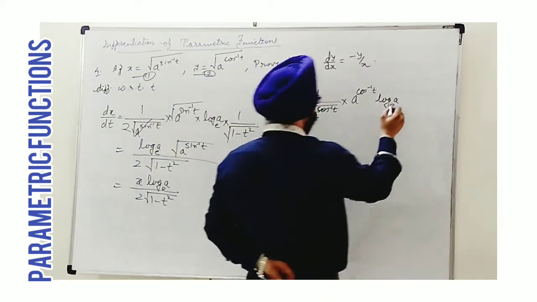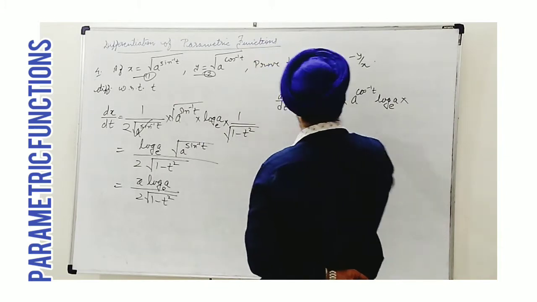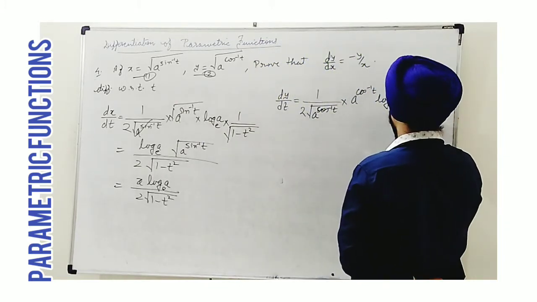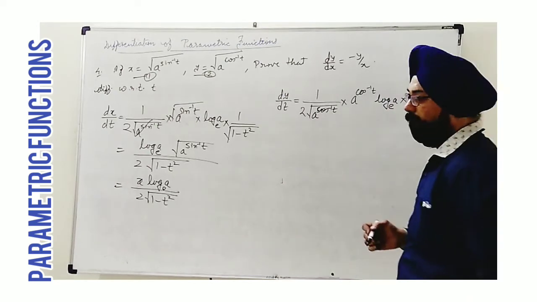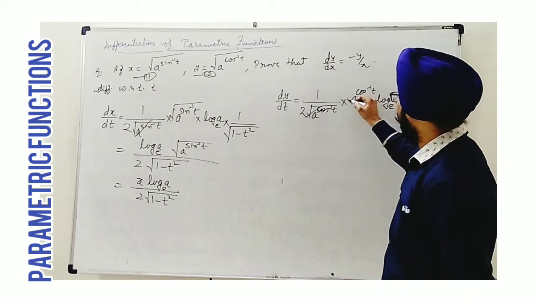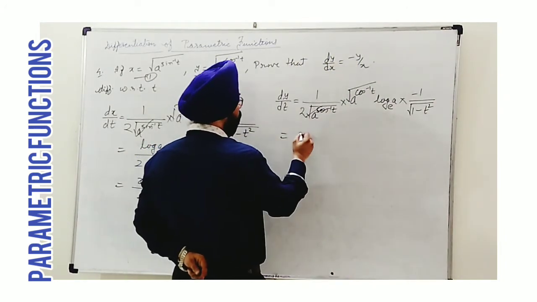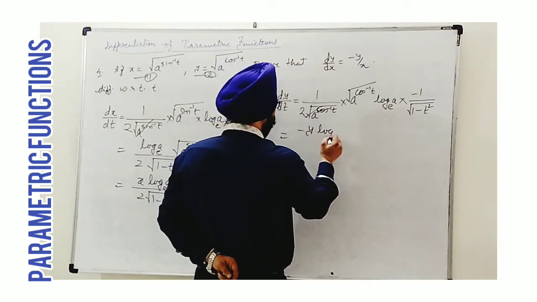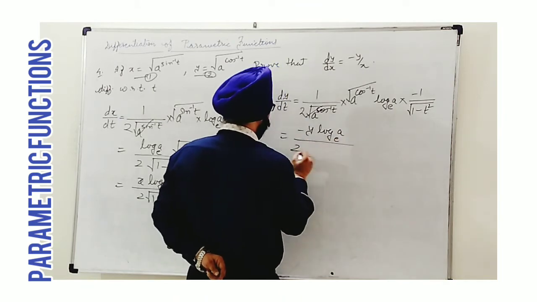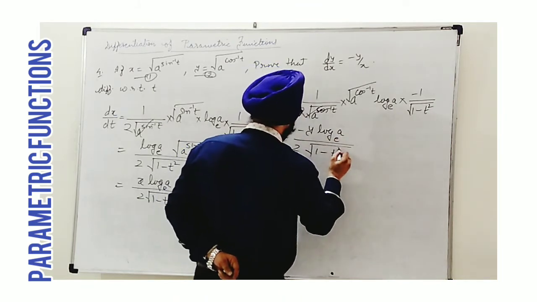Next, we are doing the power, the derivative of cos inverse t, minus 1 upon under root 1 minus t square. And these two are the same, so they can be cancelled out. And this is the value of y. So we get finally minus y log of a to the base e upon twice under root 1 minus t square.